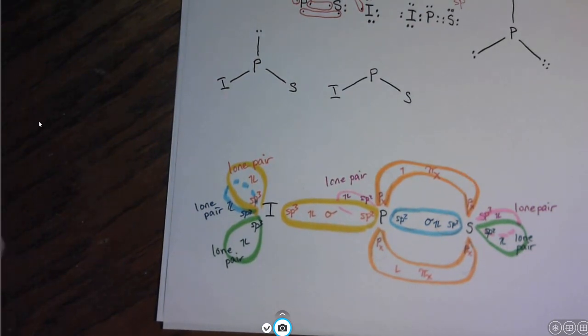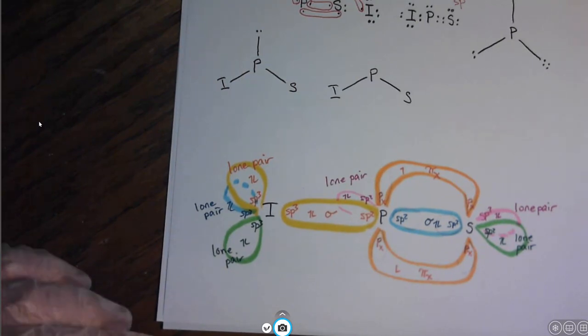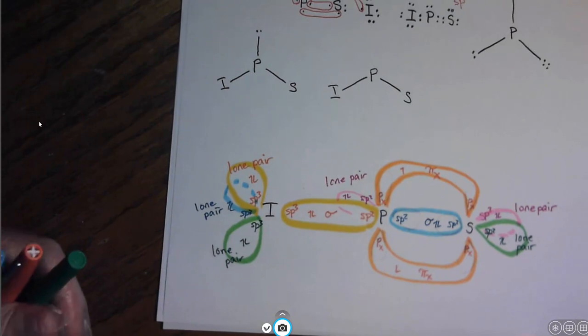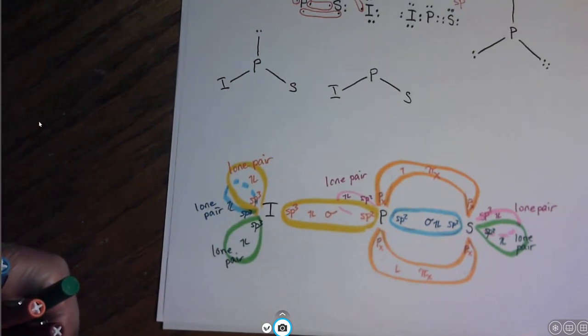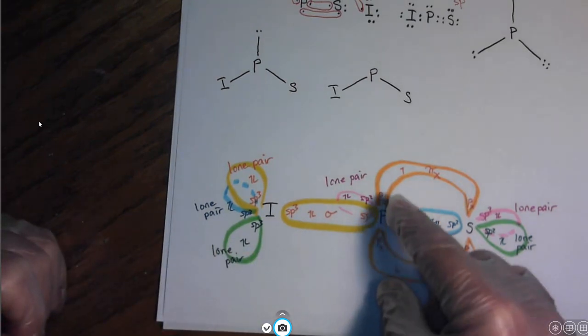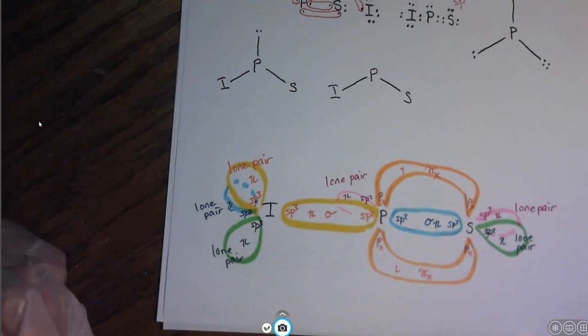Okay, Bo, you said you had a question. Yes, sir. How did you tell if they're on the x-axis and the y-axis? We learned about that in the last unit, and at this point, when we're doing these pi bonds, you don't have to figure out which one it's on, you just choose it to be on one of those.